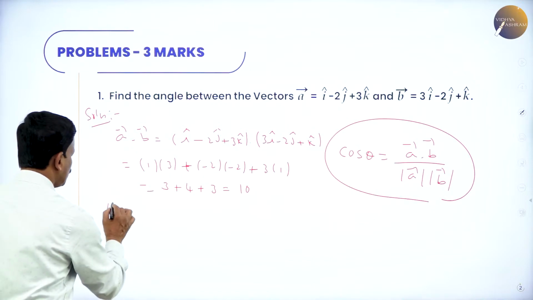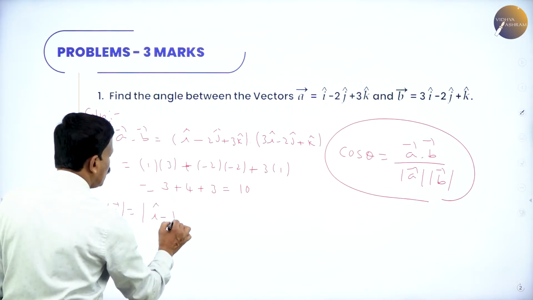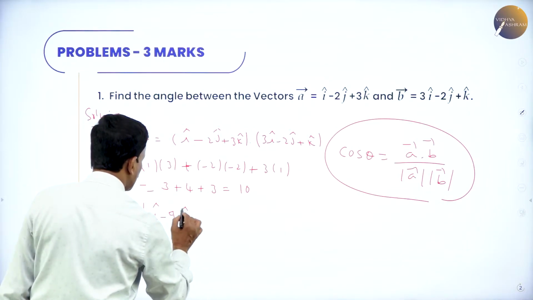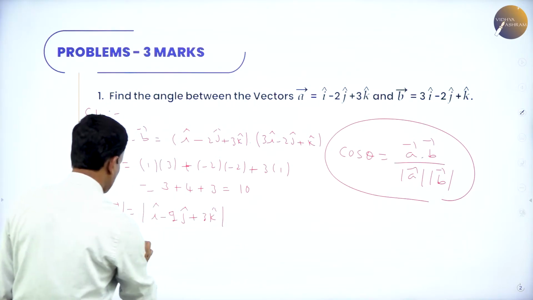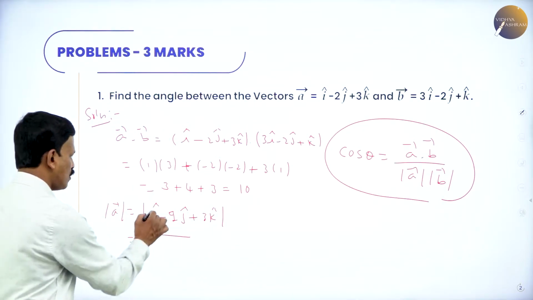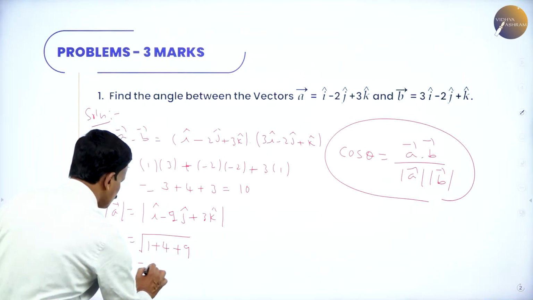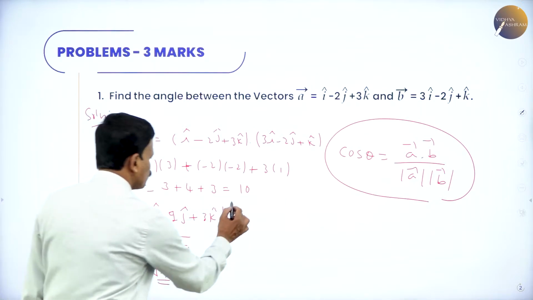Now find out the length of vector A, the magnitude of vector i cap minus 2j cap plus 3k cap. This is equal to square root of 1 square is 1, minus 2 square is 4, 3 square is 9. This is equal to 9 plus 1 is 10 plus 4 is root 14.